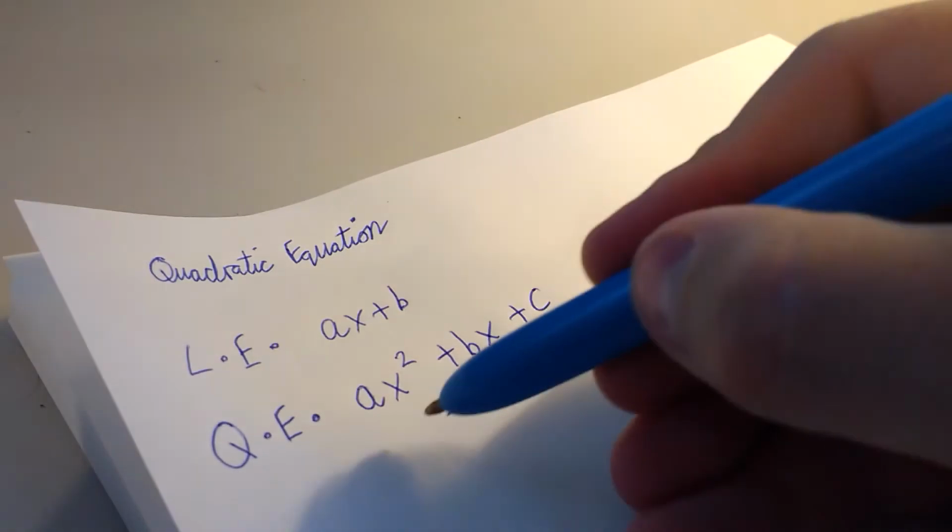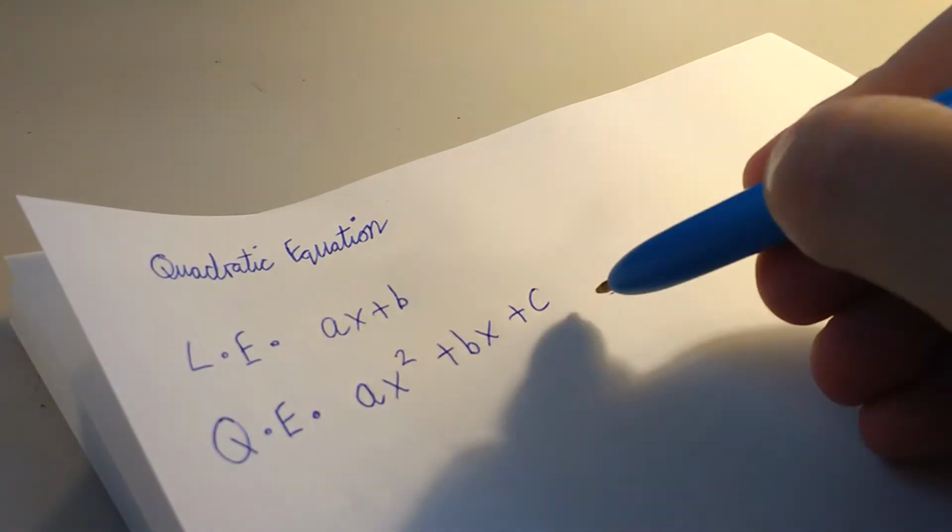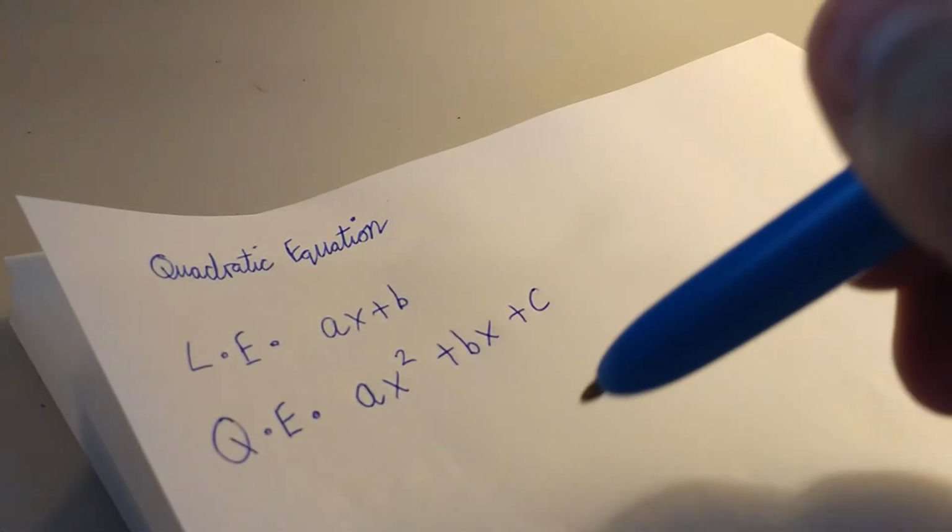So the quadratic equation has the form ax squared plus bx plus c, where we have an x squared term, an x term, and a term slash integer.